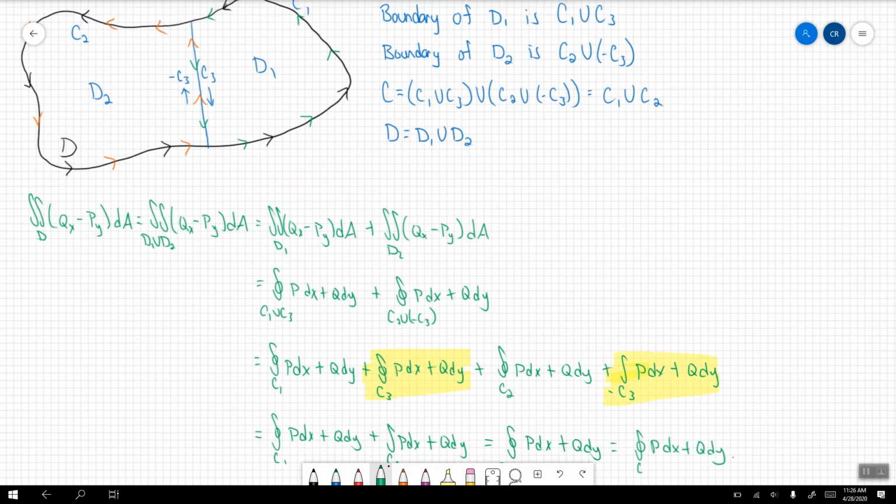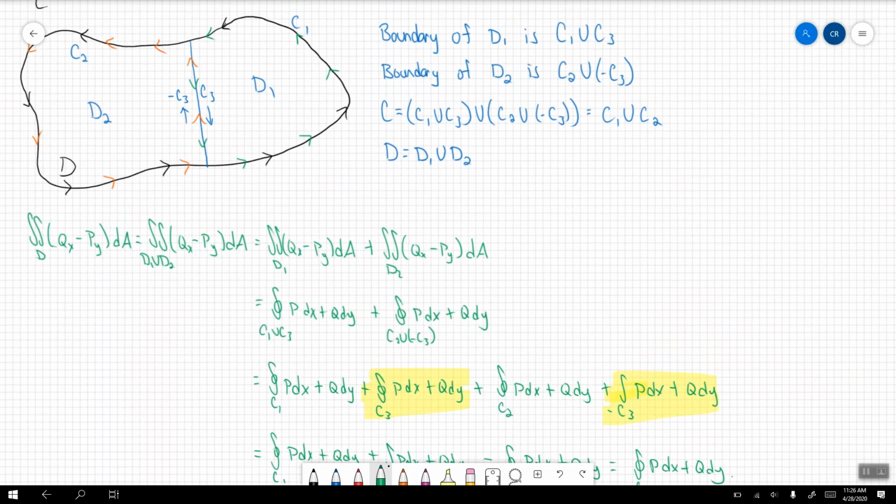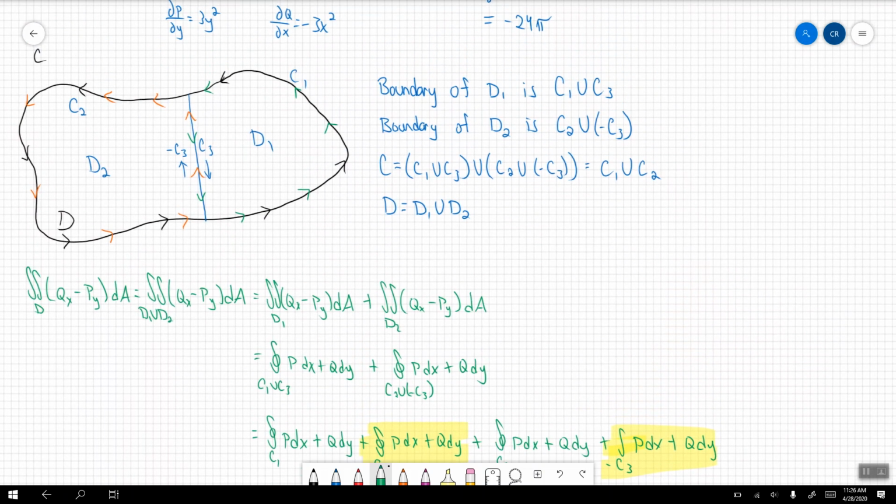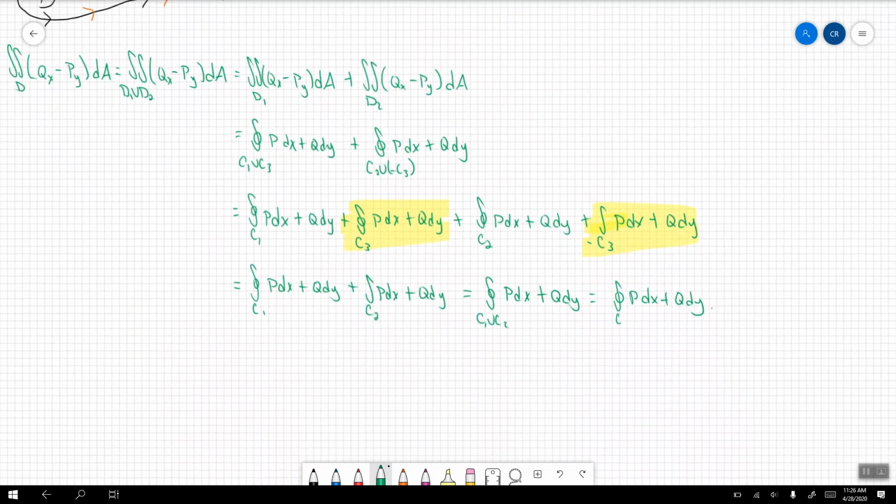Now, this is a very long process to establish that even if we insert a path, and we subdivide our initial region into smaller subregions, we can still just evaluate the curve on the outermost region. That curve on the outermost region is still going to give us that Green's theorem result.